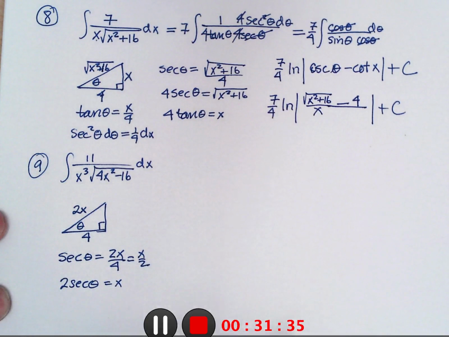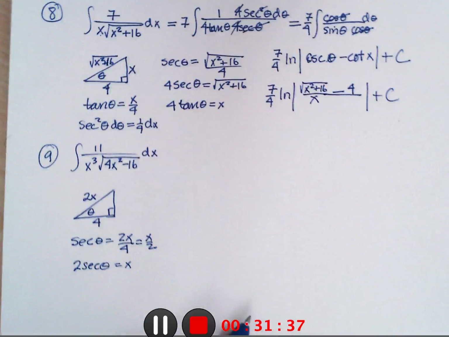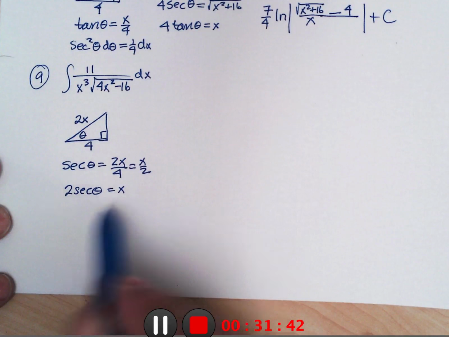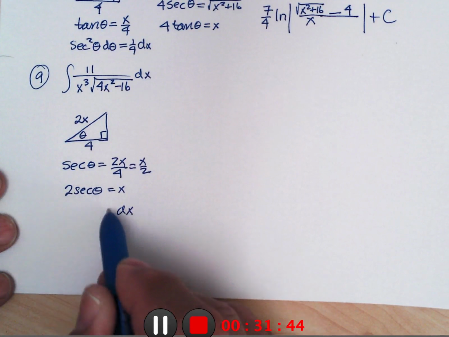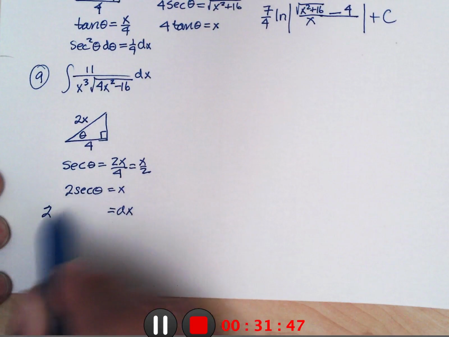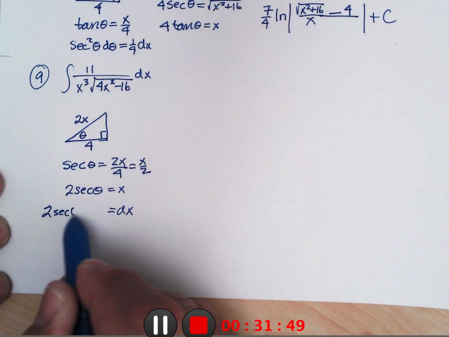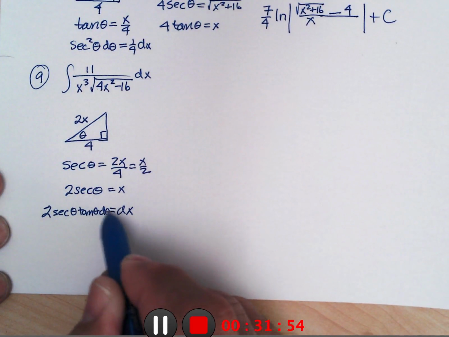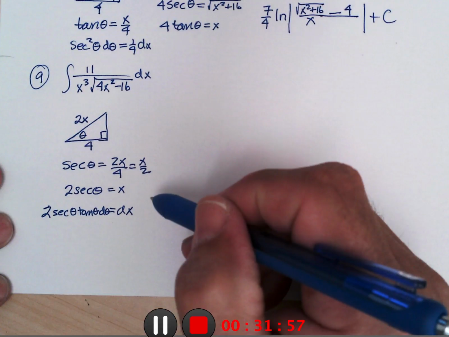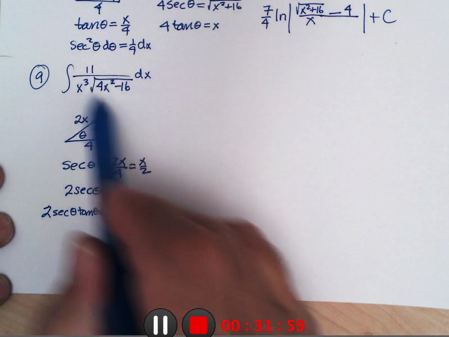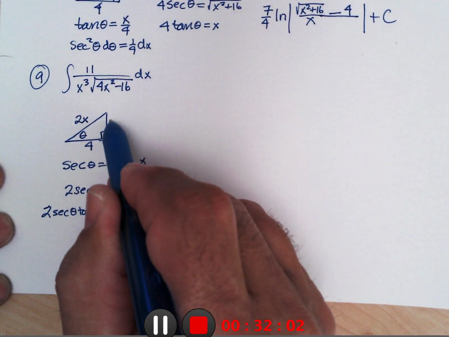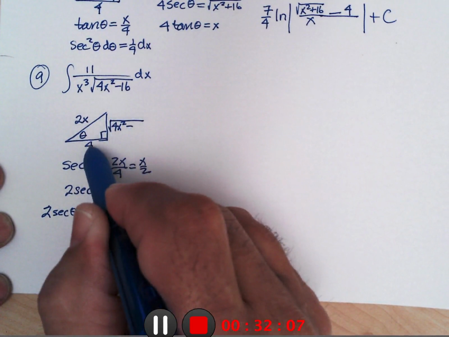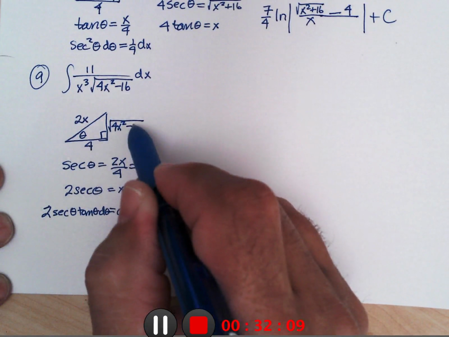And if I do, I'm going to slide this under there. So if I take the derivative to find out what dx is, it's going to be 2, the derivative of secant theta is secant theta tangent theta d theta. Oops, got a little tight there. And I need an expression for that. And that would be here, because it would be the hypotenuse squared minus the leg squared would be the other leg squared.